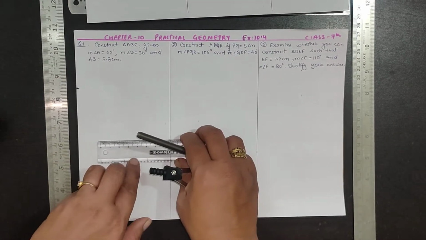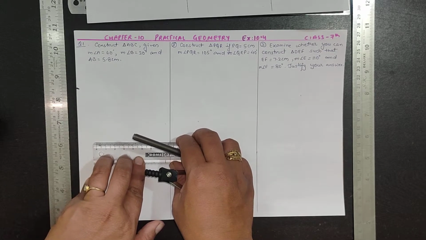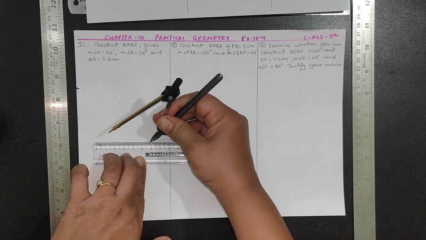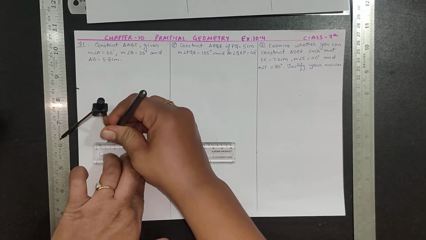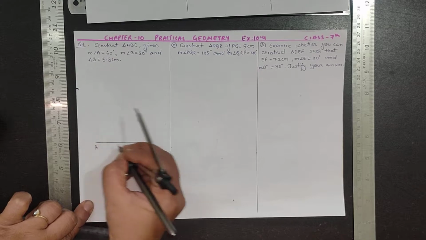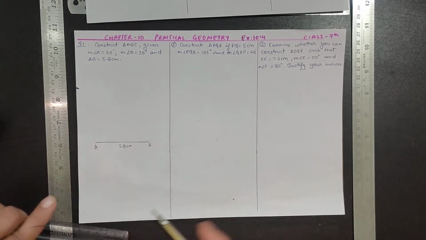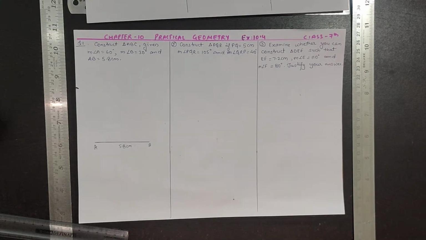So just draw a baseline of 5.8, A, B, 5.8 centimeter.